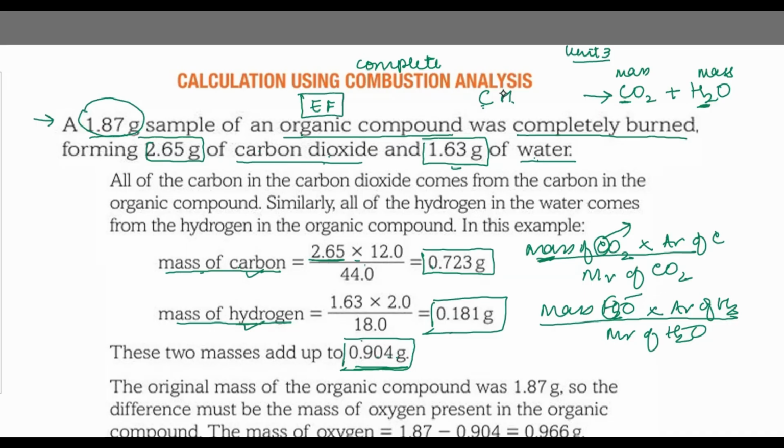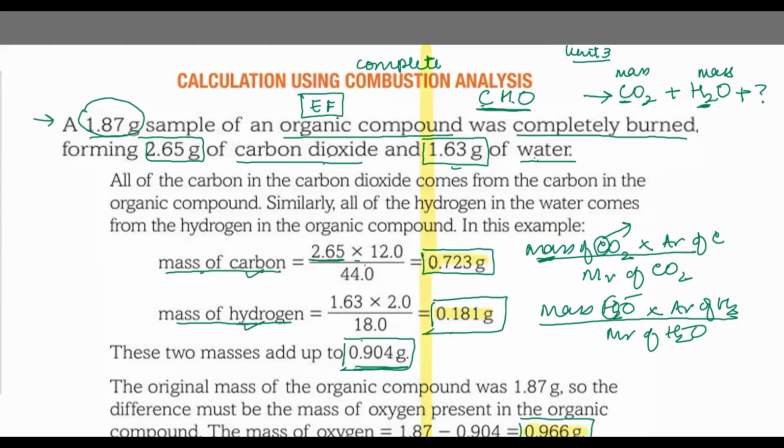The other element can be oxygen, because apart from that, we are not getting any other product. That means the organic compound also has oxygen in it. So when you subtract, you'll have the oxygen, right? So the oxygen mass is 0.966 grams.